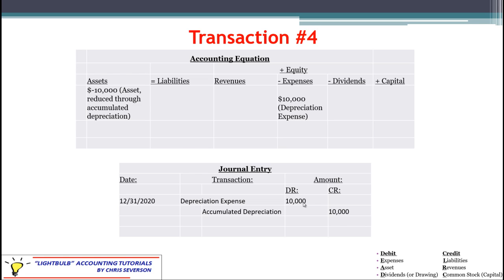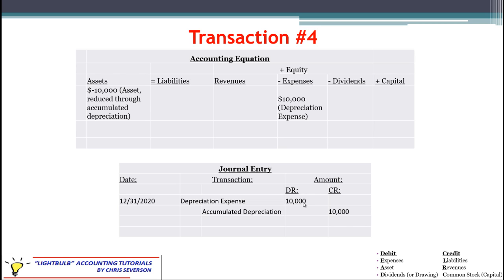We'll see all of those in later videos. But contra, for our purpose, means opposite or offset. So a contra asset has a normal credit balance. It has to have the opposite balance of the account that it's a contra to, that way it can offset it.